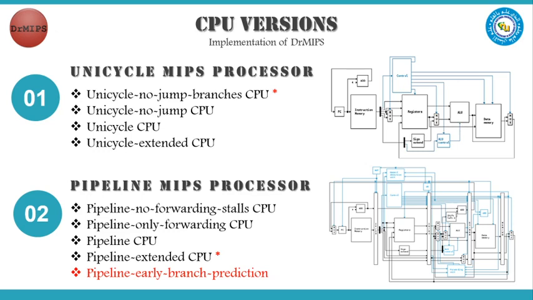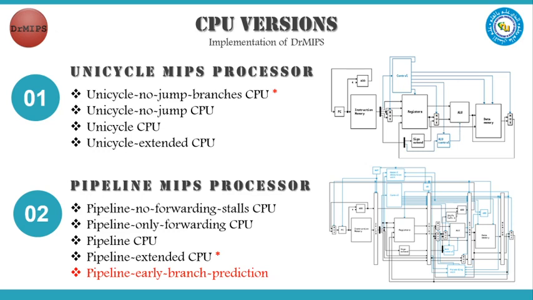The next one is the unicycle MIPS processor with no jump instructions, and the further one is the simple unicycle CPU version that supports jumps, branches, and some other R-type instructions.